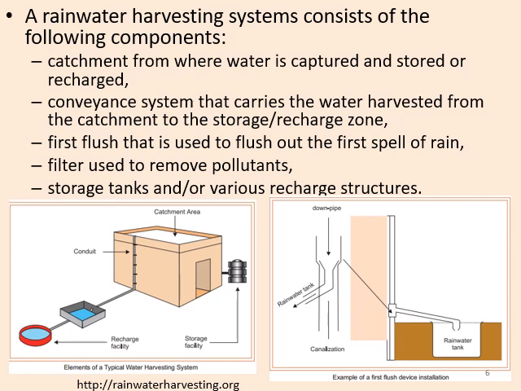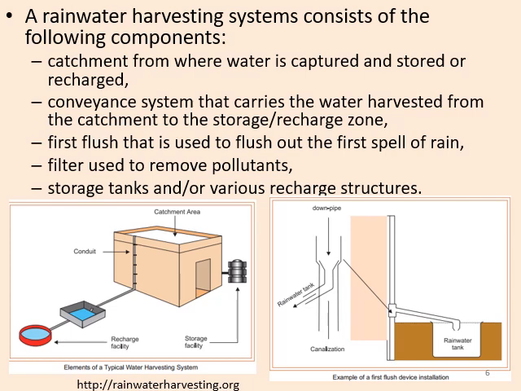Then first flush, that is used to flush out the first spell of rain, because with the rainfall some of the dissolved particles, or pollutants we can say, will be in the air.